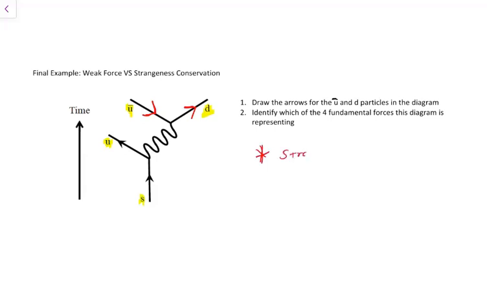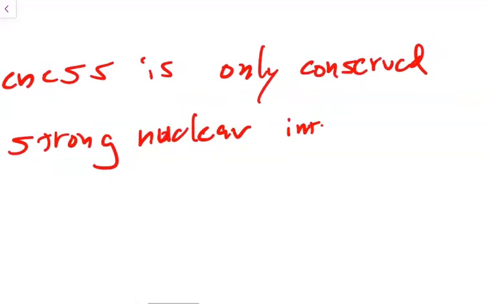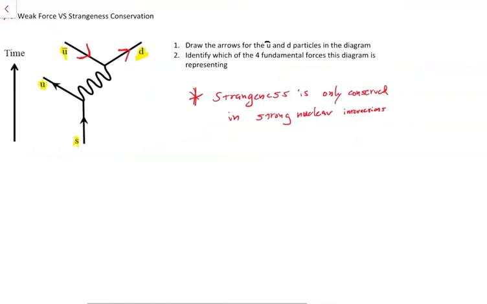Strangeness is only conserved in strong nuclear interactions. If strangeness is not conserved, then this must be the weak nuclear.